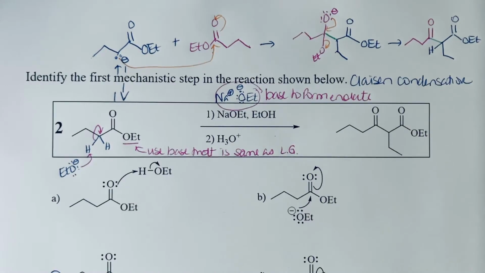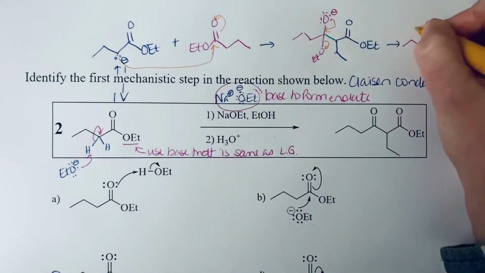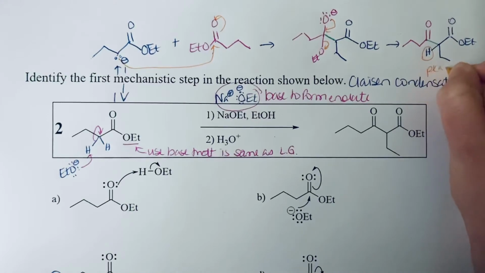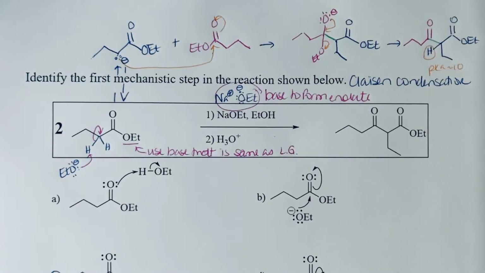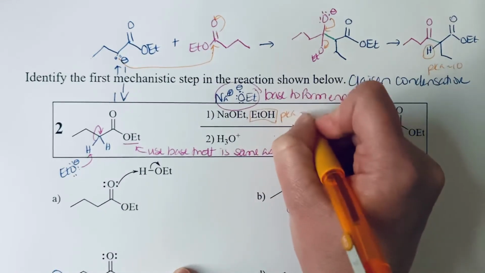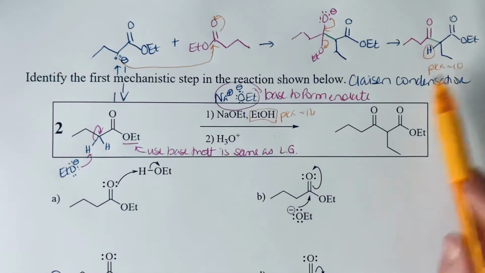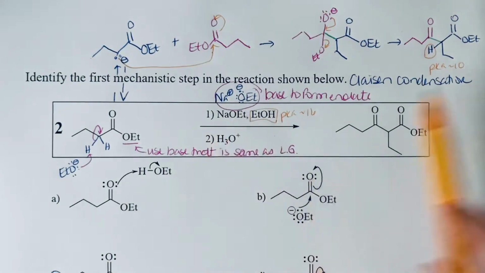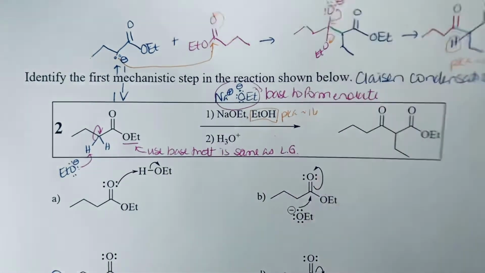This hydrogen here has a pKa of approximately 10. And if you compare that to the pKa of ethanol, which is somewhere around 16, we've got a problem. This tells us that ethoxide is going to take off that proton. So we cannot stop this from happening.